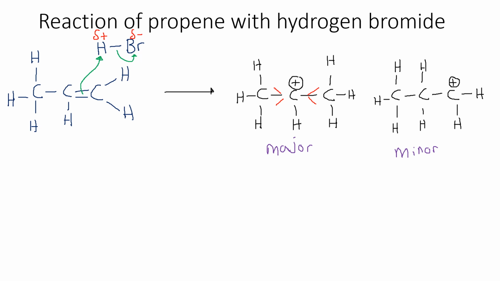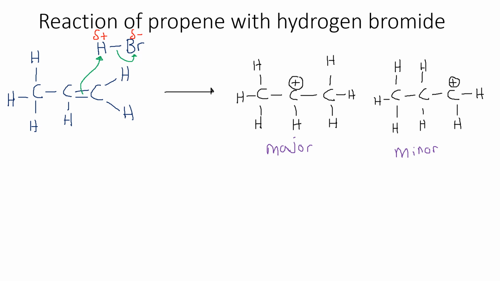Whereas on this one on the right, you've only got the inductive effect happening in one direction. It's what we call a primary carbocation. And that means that this is less stable. And if it's less stable, you get less of it formed. So, as I say, the answer is that both of these form, but there's more of one than the other.